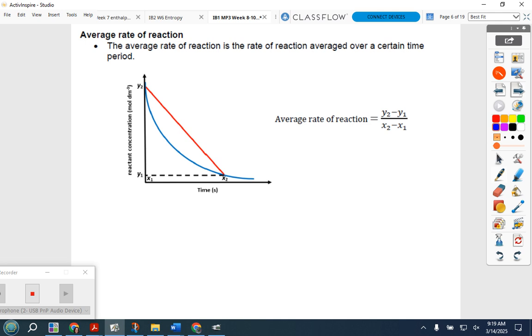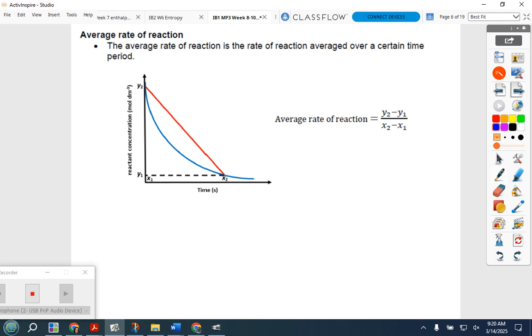Or if you're picking a spot in between, maybe you want to take the second 30 seconds of the reaction for some reason, you would start at 30 seconds going to 60 seconds and then find the difference in y from there.